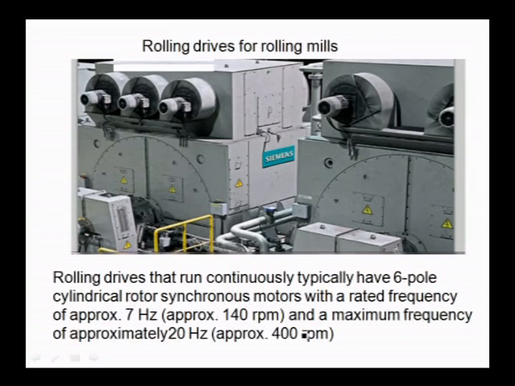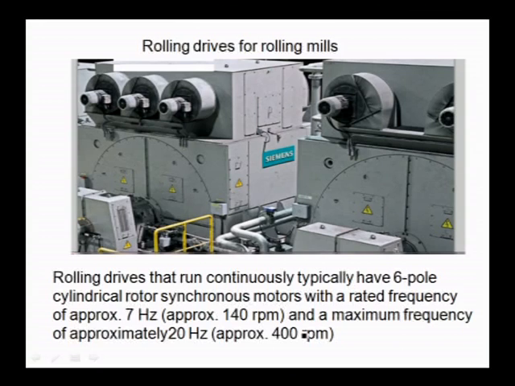Remember, cycloconverters are for low speed, high power applications. They are economical only for high power, very large ratings, otherwise they are not economical, and they are very attractive for low frequency and high power. So, this is a typical application, rolling drives or rolling mills.